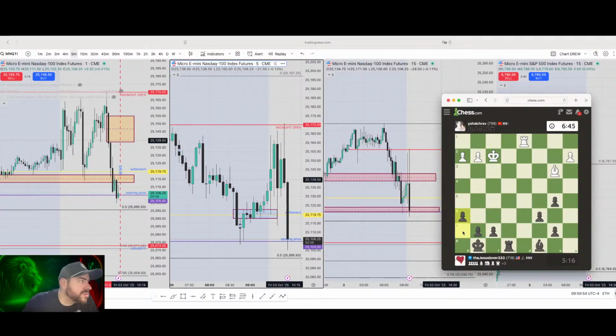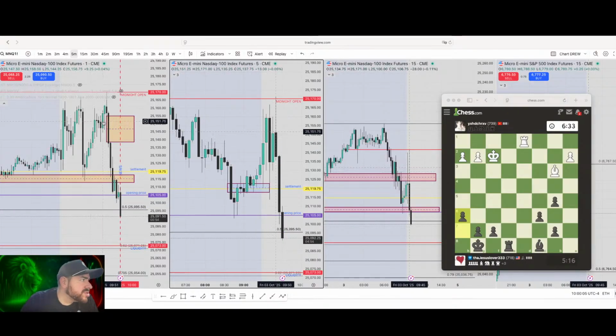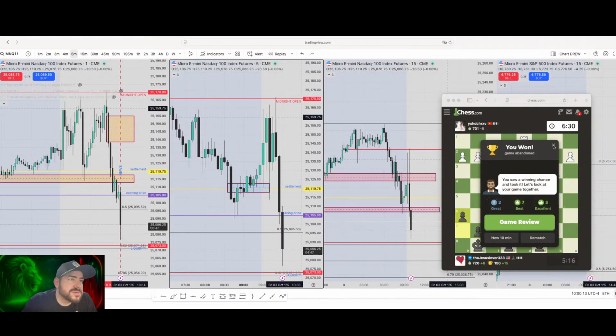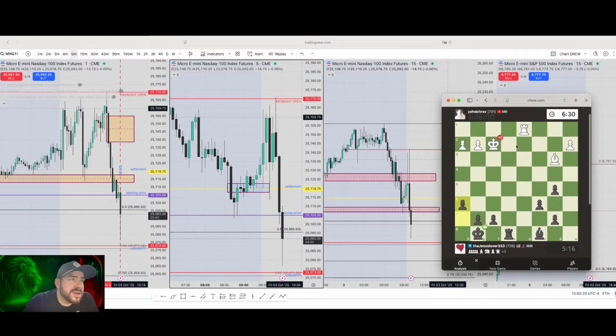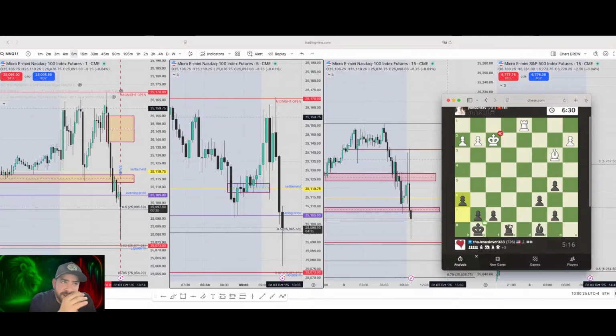Now we ain't gotta worry about it no more. Okay. If there was an inversion, I might have taken it, and there's no inversion, and then no retap into the CISD. Yep, that's what's up right there, big dog. See what I'm talking about? Shoot, they're rated a lot more than me, or they were a lot more than me at the beginning of it, if you look back. But yeah, I was about to win that thing, tell you right now.